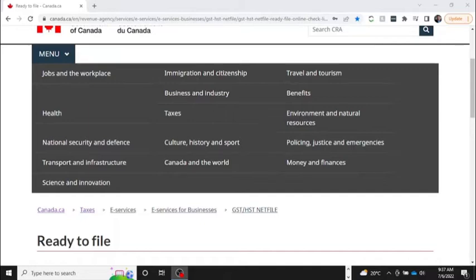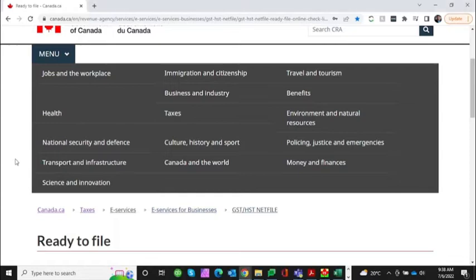CRA has made it quite easy for us to do the net filing. Net filing means that you are able to file a return using the internet, using a browser.